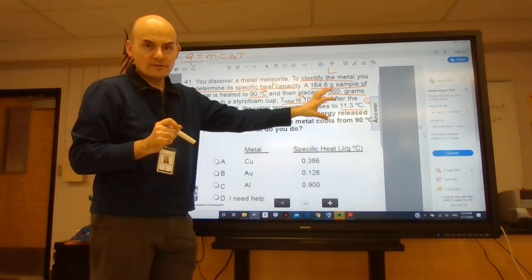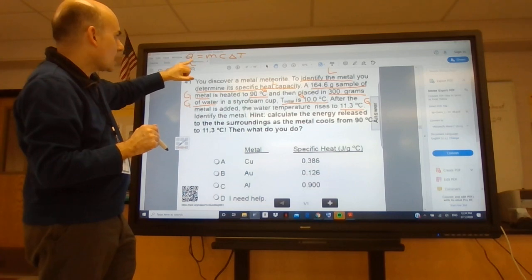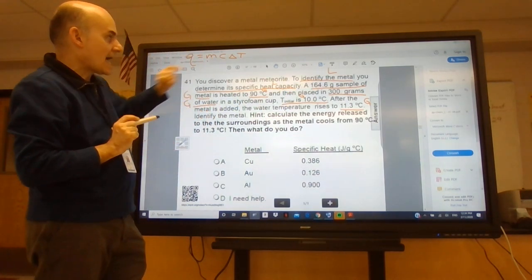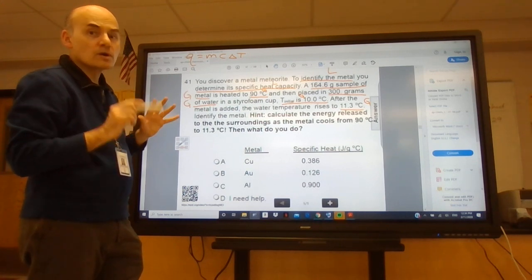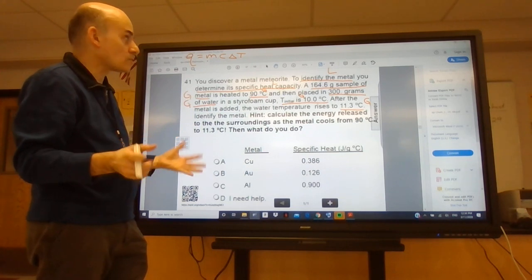We don't have energy here. But we do have the mass of the water. Do we know the specific heat of water? That's a standard value of specific heat capacity, so we know it.